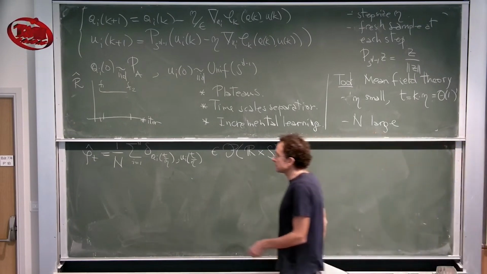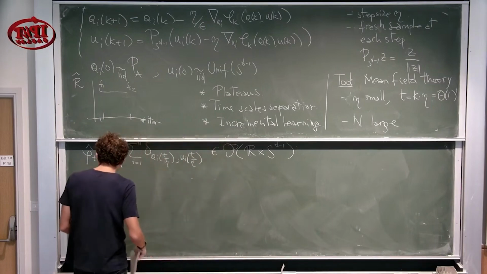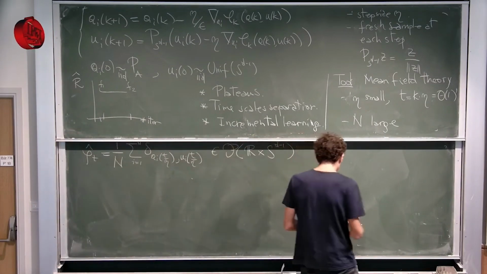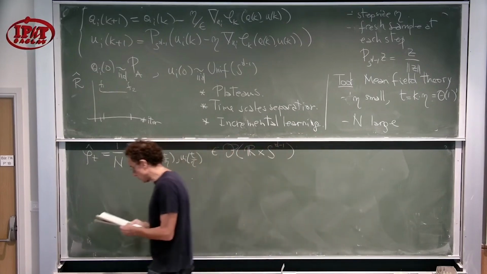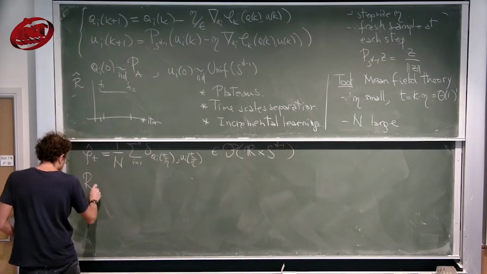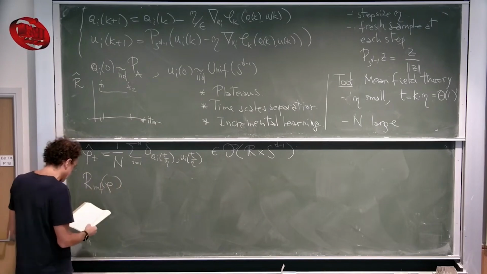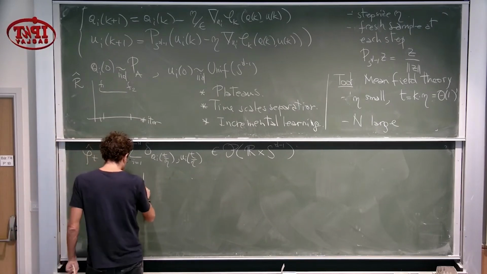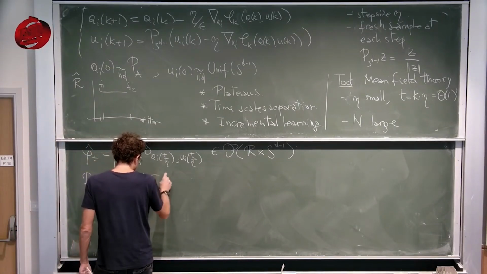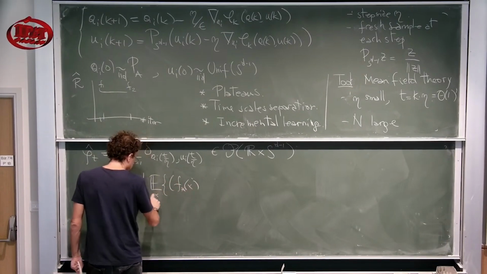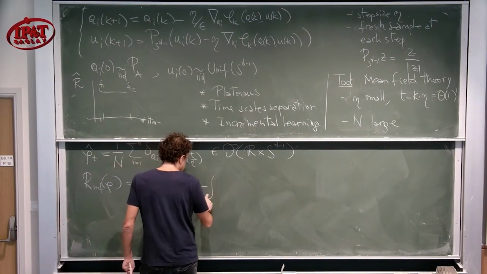So I want to have this empirical distribution, but it makes sense to write the risk in terms of this empirical distribution. So I define this, which can be promoted to a risk that depends on rho, as 1/2 expectation of the quantity f star of x minus the integral.